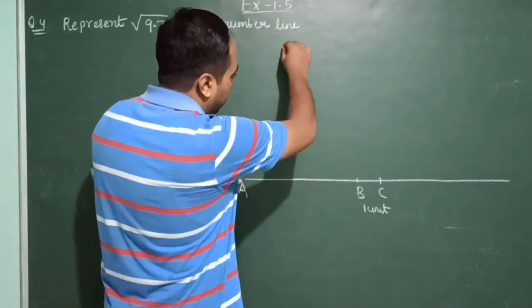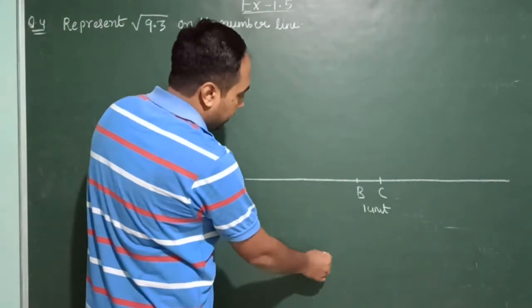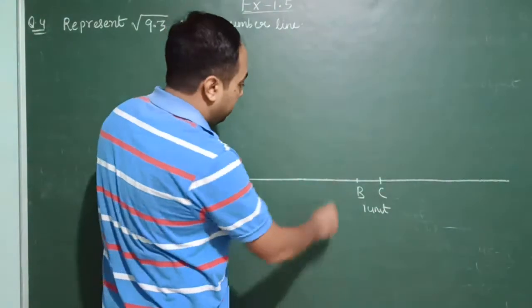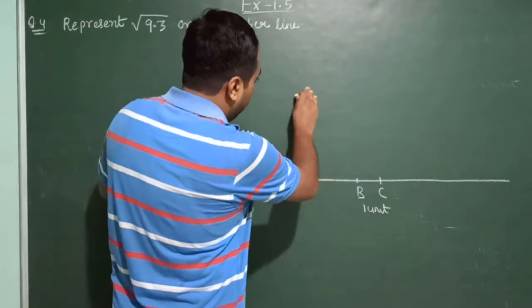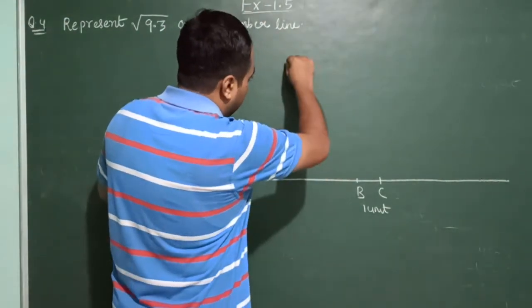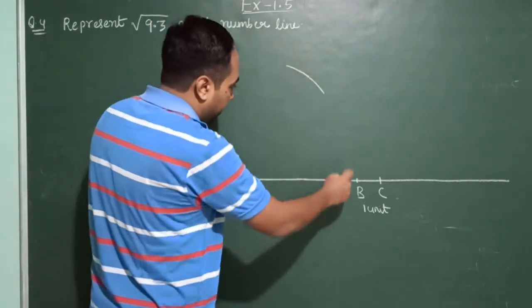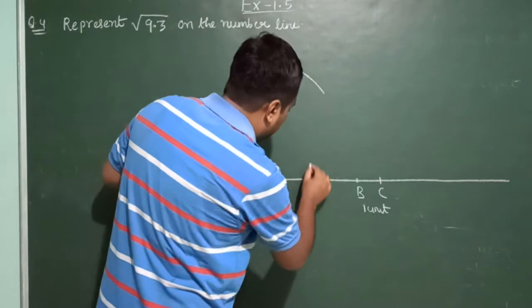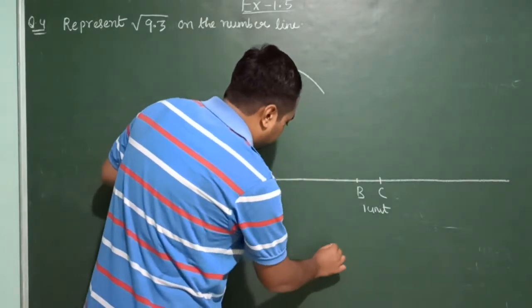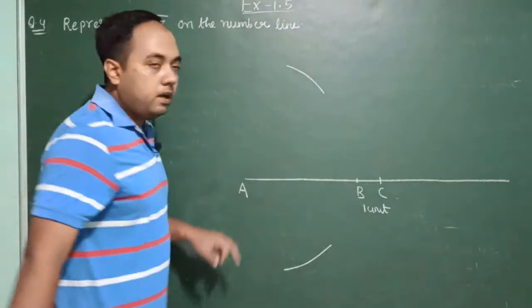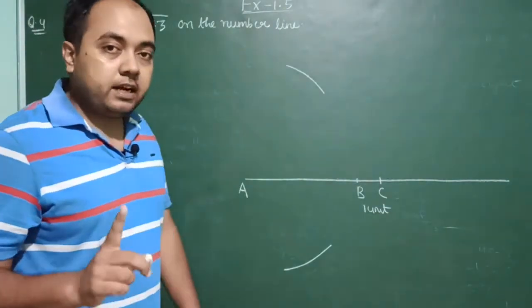Then cut an arc above AC as well as below AC. This is the arc above with A as center. I am cutting arc above as well as below.